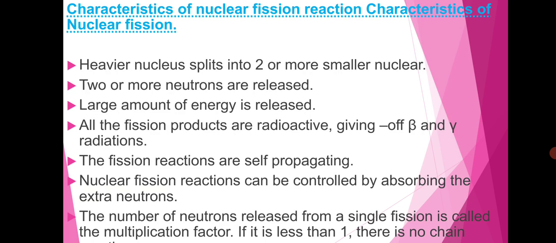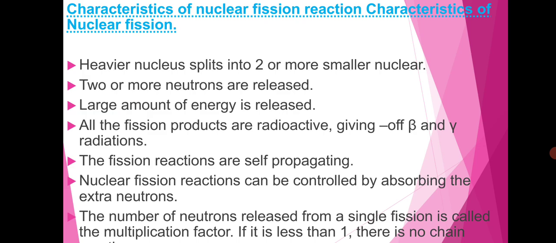Let us see the characteristics of nuclear fission reaction. In nuclear fission reactions, the heavy nucleus is split up into 2 or more smaller nuclei. At that time 2 or more neutrons are released, and a large amount of energy is released.